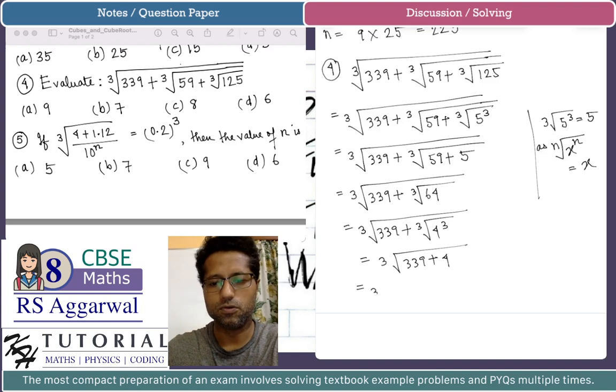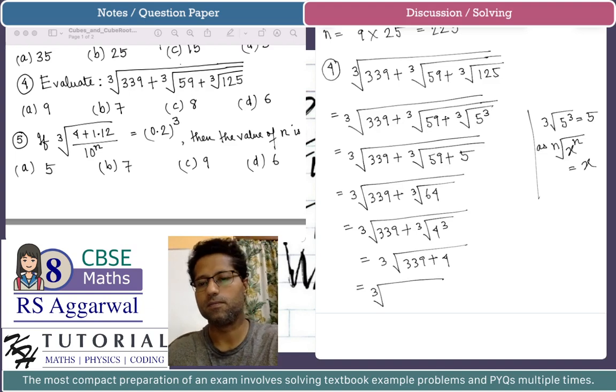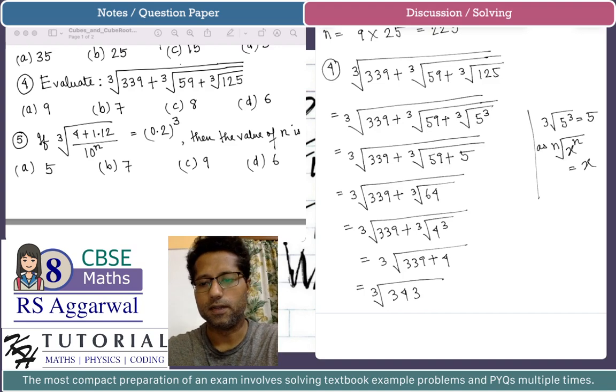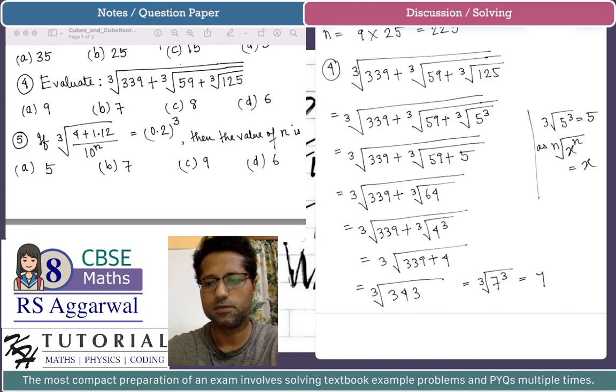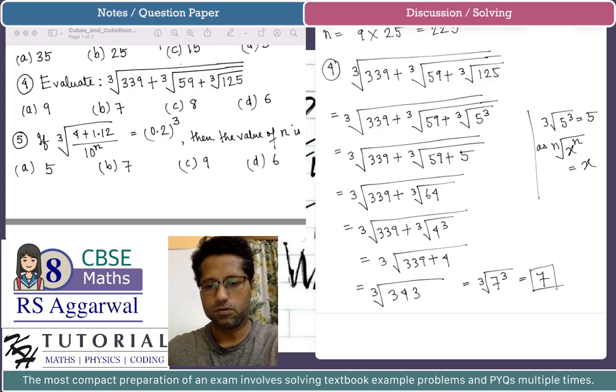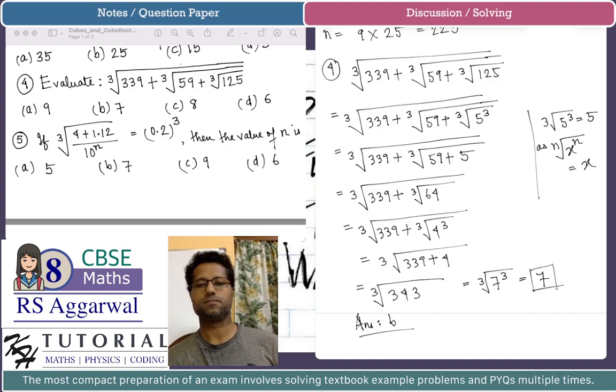This equals the cube root of 343 plus 4, which is the cube root of 343, and we know that 343 is the cube of 7. So the answer is 7. So the correct choice is B.